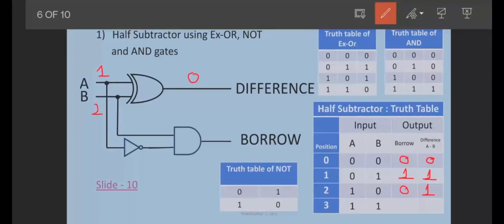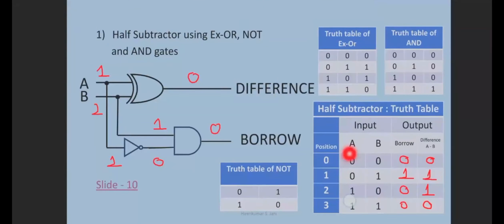A is 1, so from the NOT gate we will get 0. And B is 1, so B in the AND gate as an input will give 1. Again, the AND gate result for the borrow is 0. So for this case, we will get 0 and 0 for difference and borrow both.